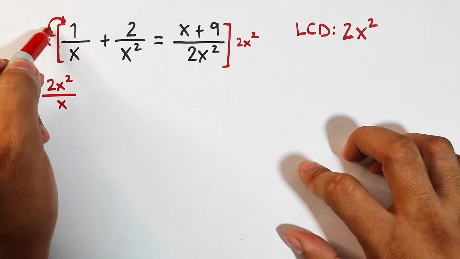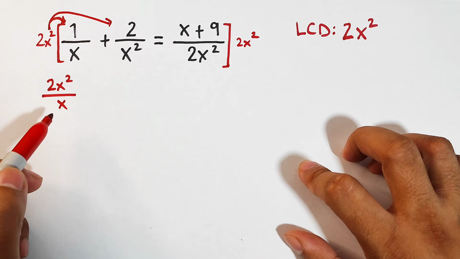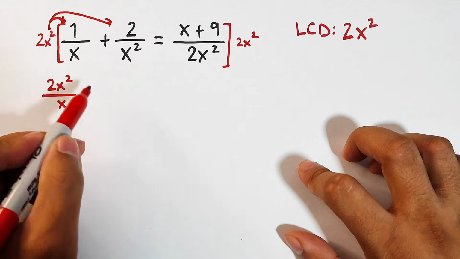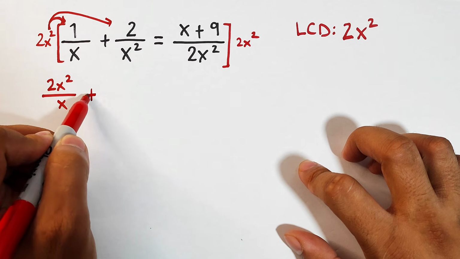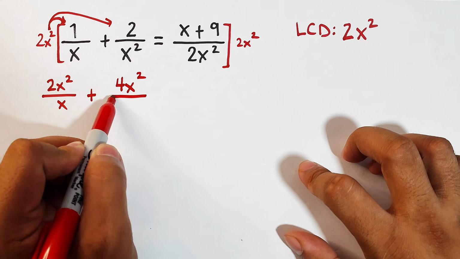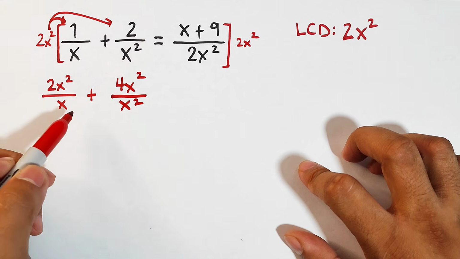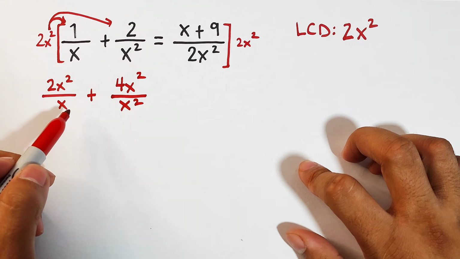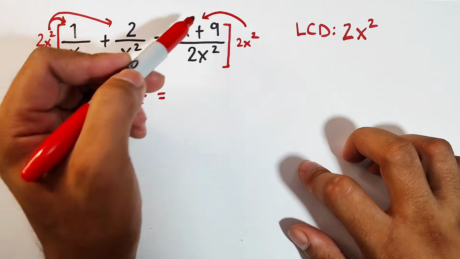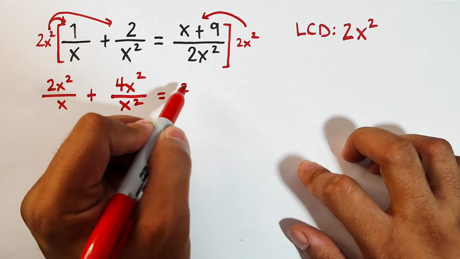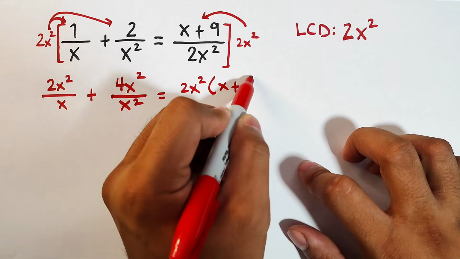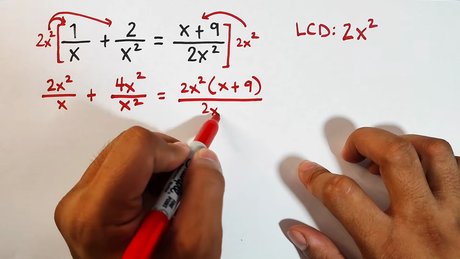Next, here, let's multiply this. 2x squared times 2 over x squared, it will become plus 4x squared over x squared. Next, we have here 2x squared times x plus 9 over 2x squared.